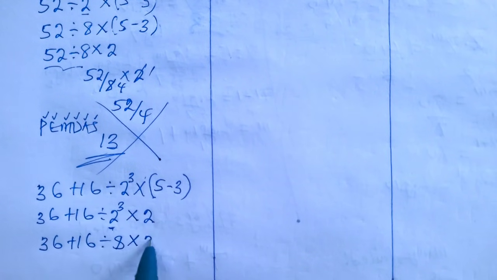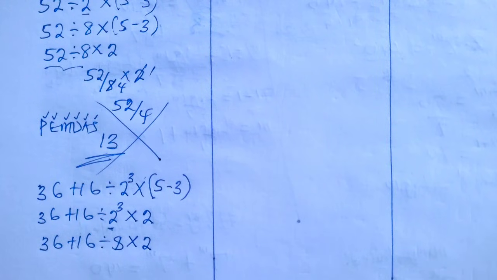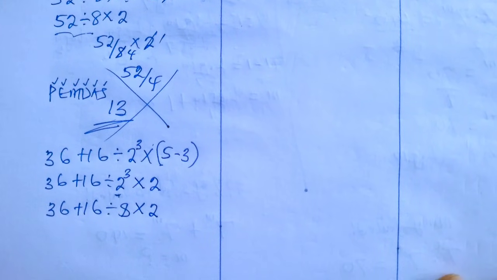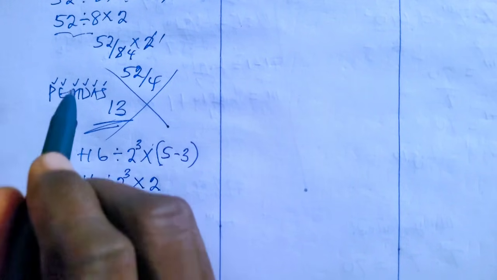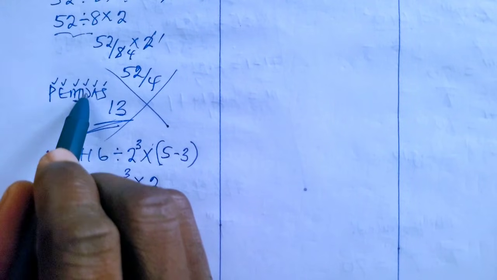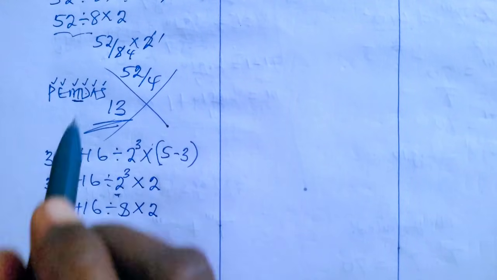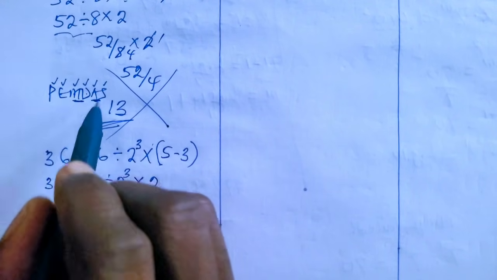Then multiply by 2. And next, we are going to consider division because division is of higher priority. Note that multiplication and division have the same precedence, and the same thing applies with addition and subtraction.